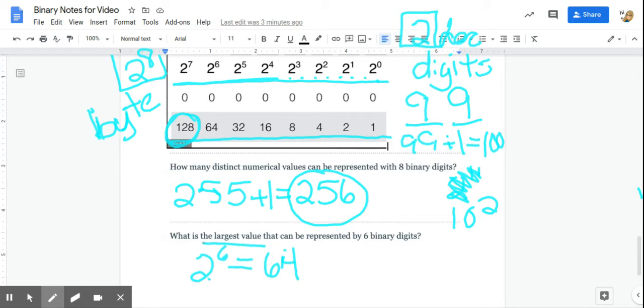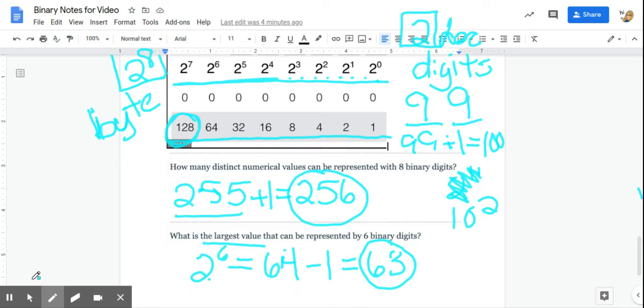The largest value, we can't do the number 64. That bumps us over to the next digit. So we're going to do minus 1. The largest number I can represent is 63. Just like on the previous question, the largest number I could have represented with 8 binary digits was 255. So, slightly different questions. How many distinct values? You can do 2 to that power. The largest value, 2 to that power minus 1.